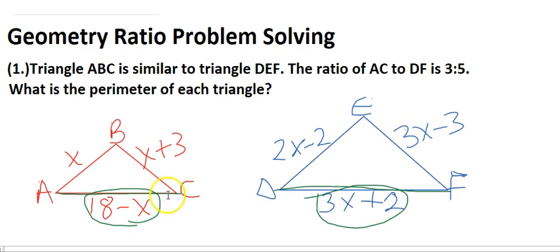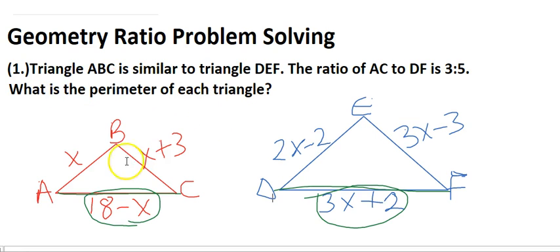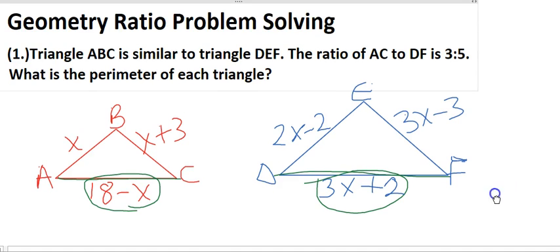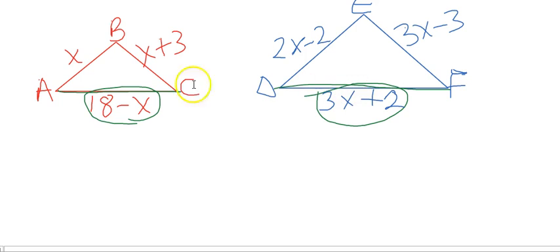So the ratio of this, since AC comes first, 3 should come first. DF comes second, so 5 should come second. So first of all, what is the perimeter of each of these triangles? First of all, we have to use what we know, set up the proportion with this number to find what x is. Once we find what x is, then we can go from there.